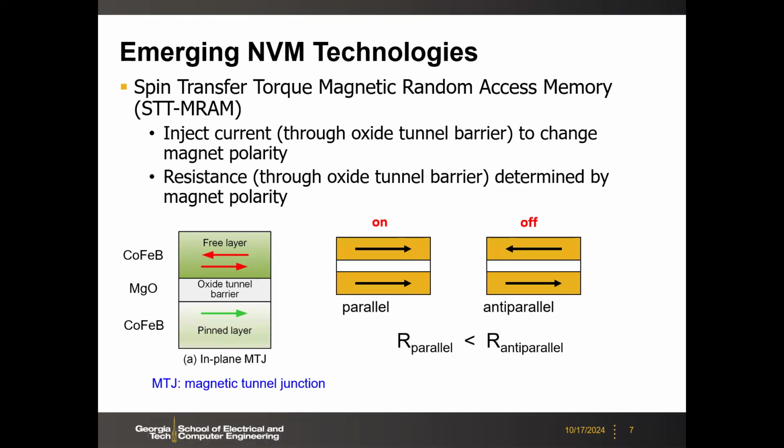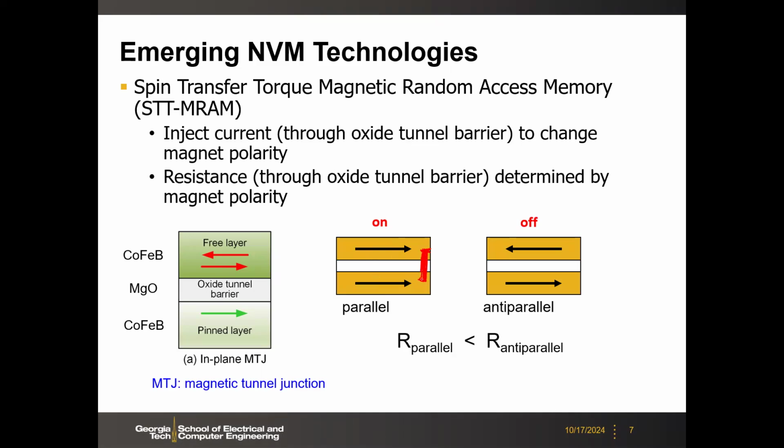Depending on the orientation, those two little magnets are separated by this oxide tunnel barrier. If those two magnets have the same orientation, then the tunneling current across this barrier will be higher, which means the resistance will be lower. You have larger current across this stack.